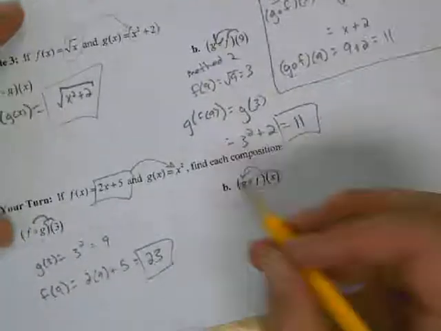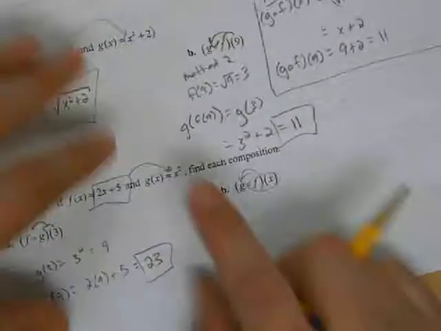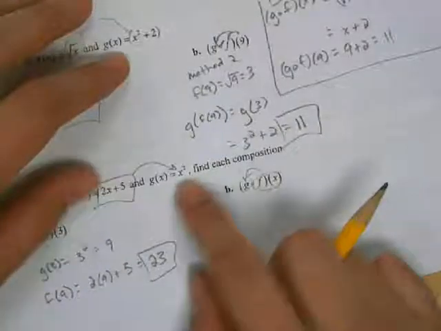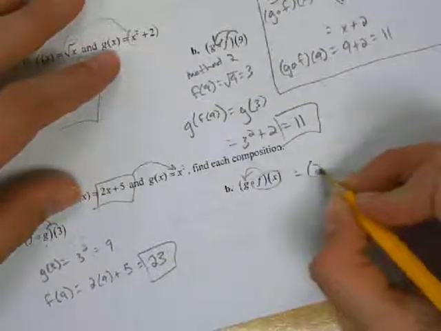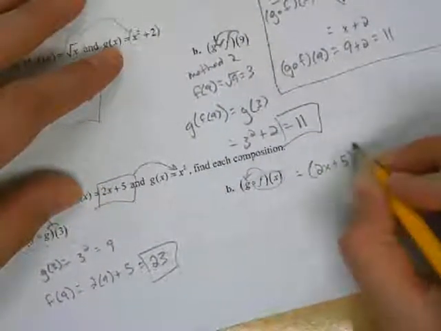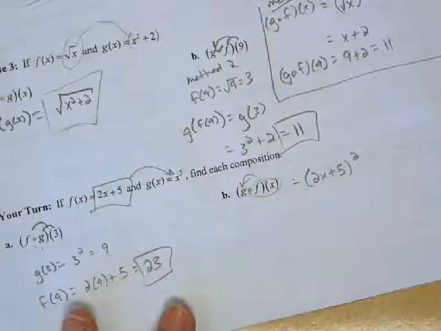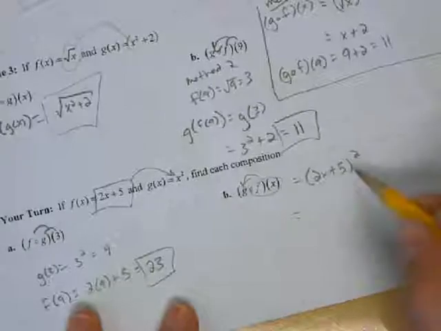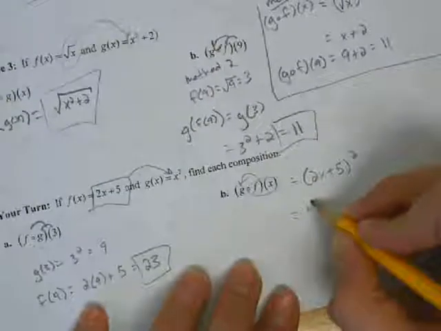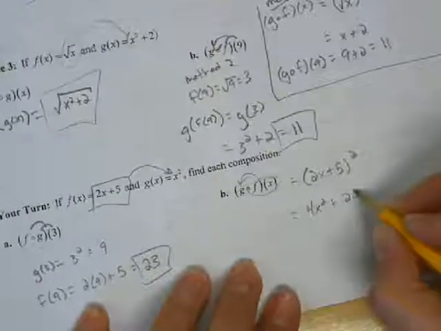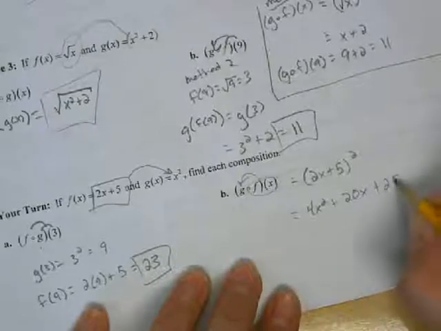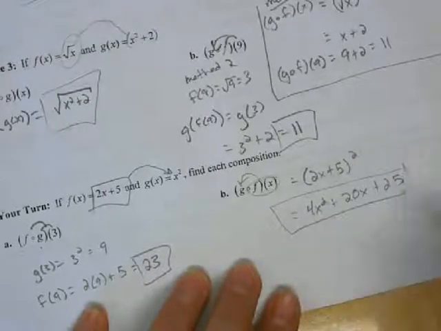So take f of x, plug it into g. So instead of having x squared, we've got 2x plus 5 squared. Okay, I took the x out, I replaced it with the f value. After that, it's just a matter of foiling that thing out, which would be 4x squared plus 20x plus 25, and that would be your final answer there.